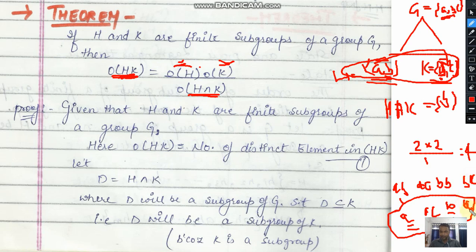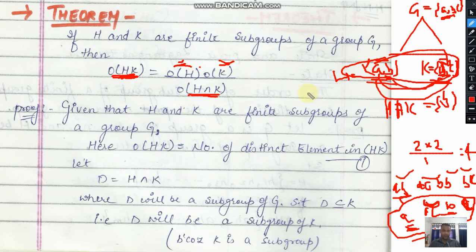As you multiply, first AB, then you multiply AC, again you multiply BB, and after that you multiply B with C, then you will get BC. When you are multiplying with B and B is considered as an identity, the value of the product remains as the element by which B is being multiplied. So BB will be equal to B, and BC will be equal to C. So only one new element is appearing here, and the order of HK is equal to 4.